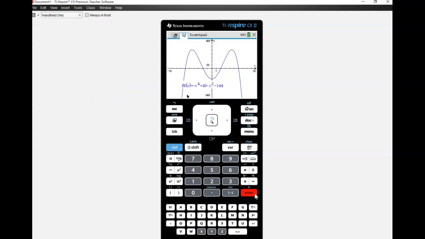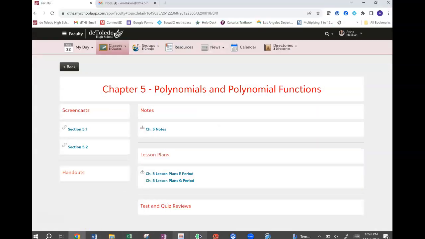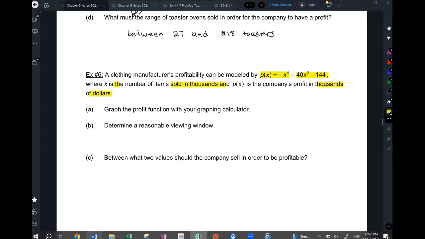Look at how much better this is, right? Because you don't have that empty space and you can really see some fine details. So a good window then is going to be X min and X max, negative 10 to 10, Y min and Y max, negative 400 to 400.